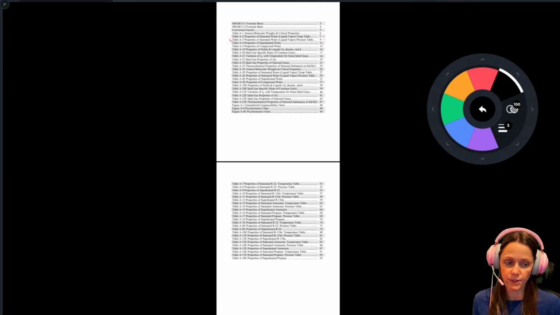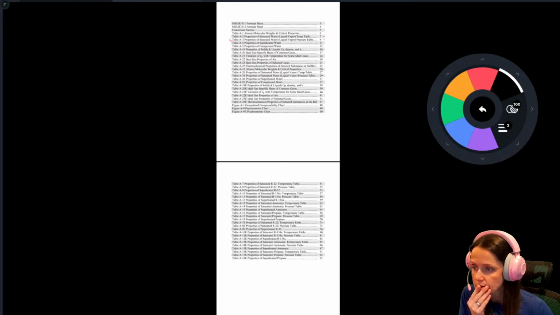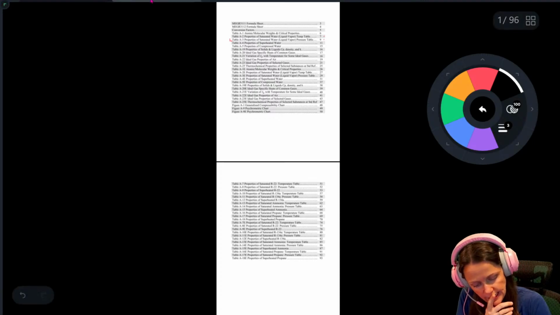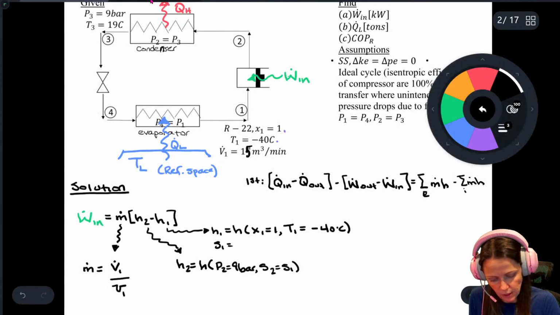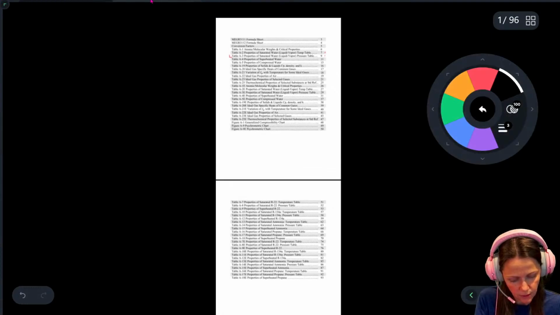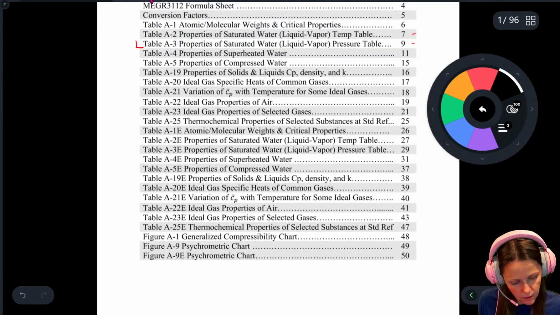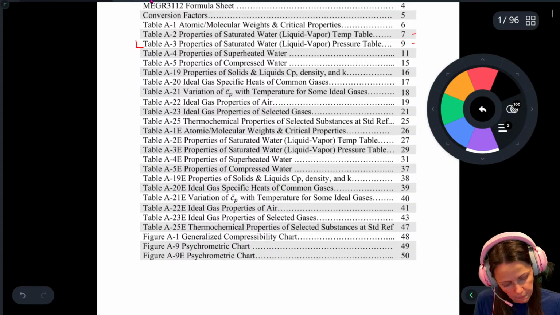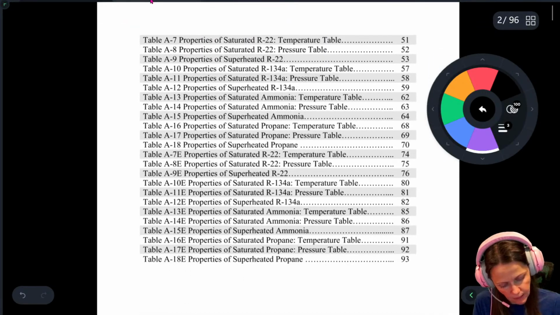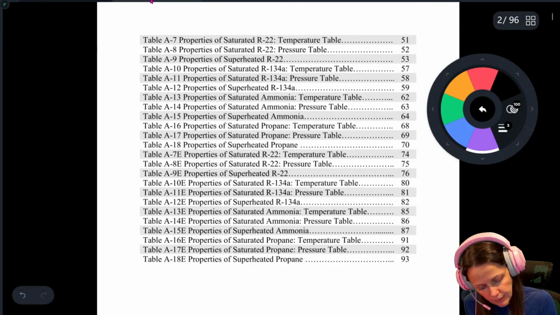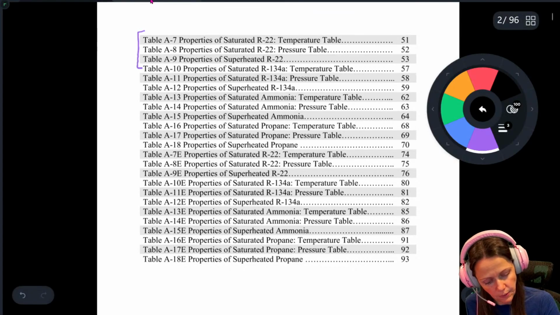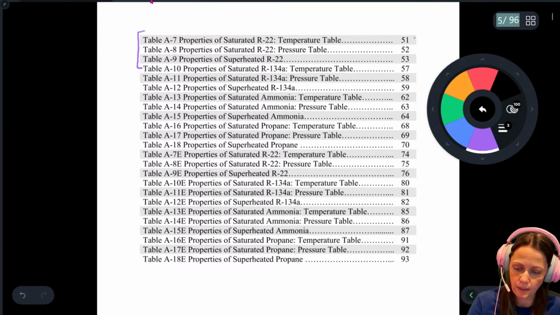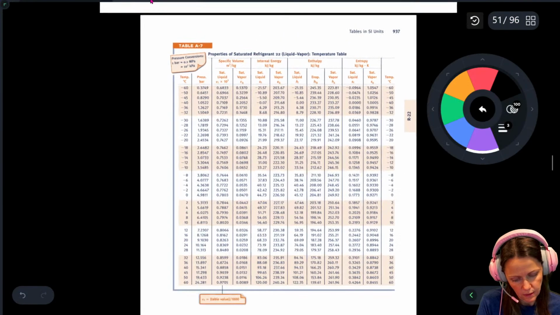Yes, this will be saved on the unit 3 playlist. All right, so this is an SI unit, R22. Right here where we're going. So I'm going to go to page 51. There we go.